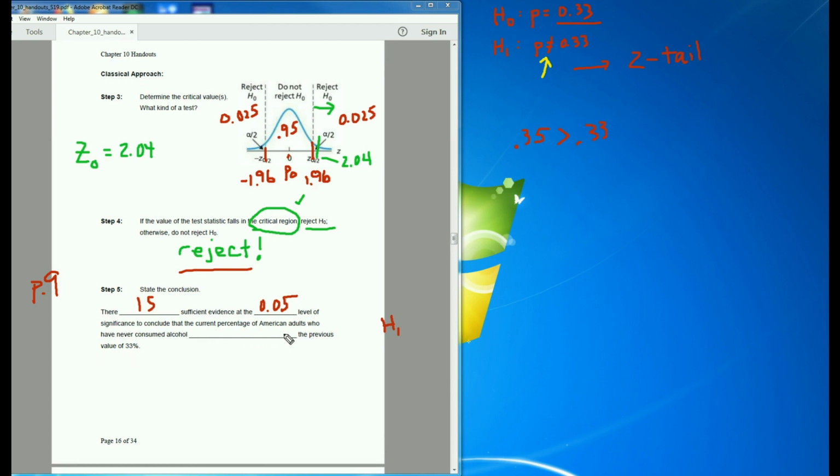Is different from, because that's what we said in our alternative hypothesis. Is it different from 33%? So in this case, we have concluded that there is enough evidence based on the sample to show that the current percentage is different from the previous value of 33%.